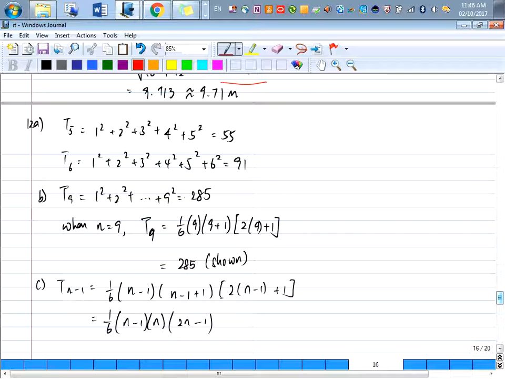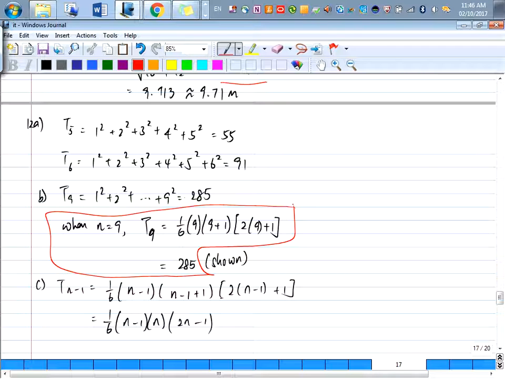Because they ask you to show that the formula is true for n equals to 9. You can't simply substitute n equals to 9 inside and say, yes, it is true. Because if you just have the red color region, the numbers over there, you haven't shown anything yet. You are just evaluating. So when you need to show that it is true, you need to use another method.